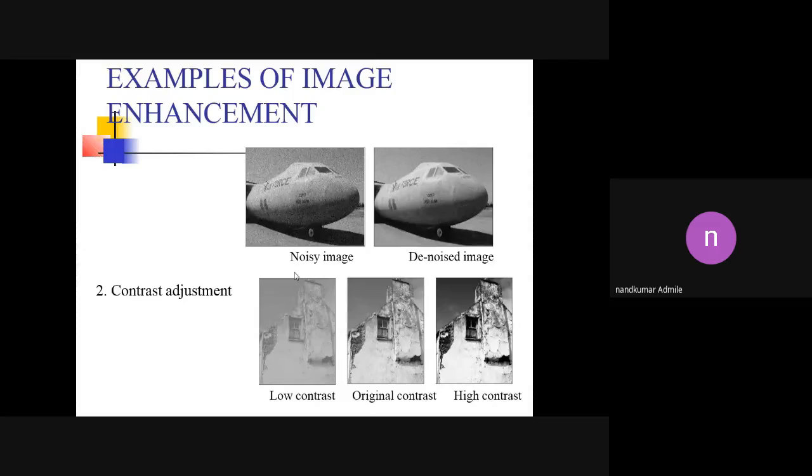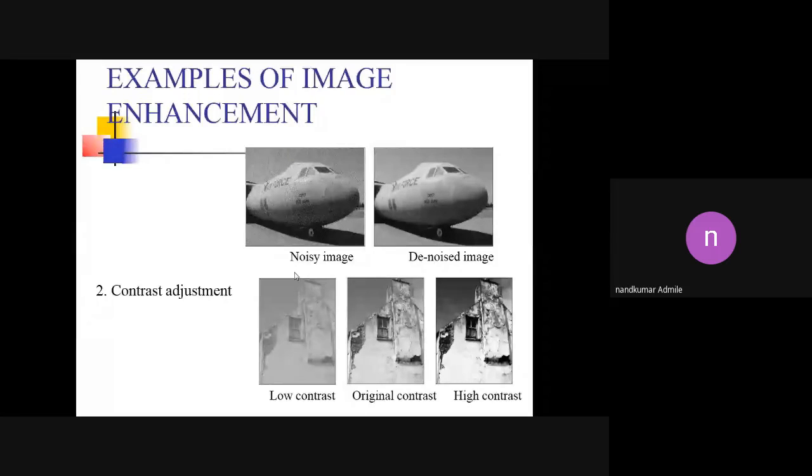This is one type of noise. If we take a photo using our mobile camera and take a printout of that photo, then we can observe various types of dots on the printout pages. That small number of dots is called salt and pepper noise. It is one type of noise.